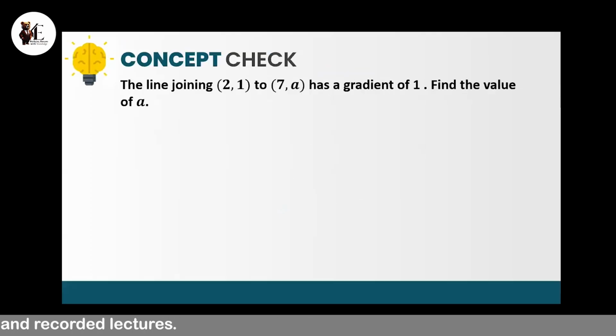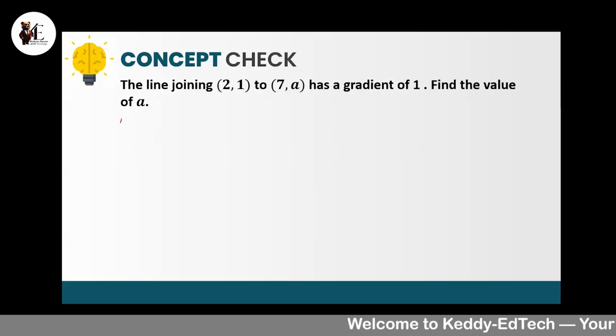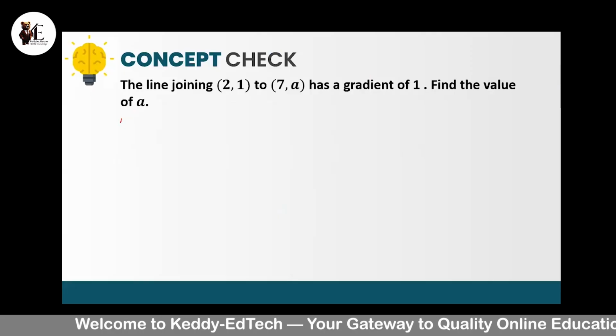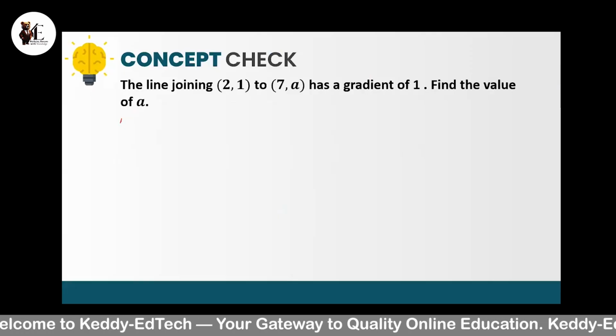This is a very simple question. Please try this question. I'm writing the formula here again in case you guys have missed it. In this question, one of the coordinates is missing and the gradient is given.